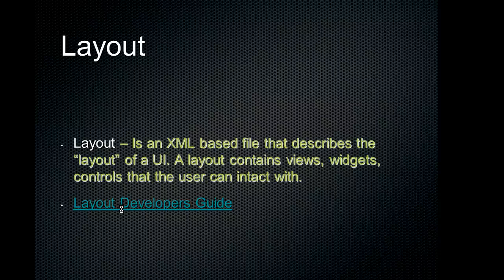And as long as you agree what the buttons are going to be called, what the text fields are going to be called, what the images are going to be called, then you can have two different people or two different groups of people work on this application and then glue it together at compile time. So activity is the programming code. Layout is the physical layout with the buttons and the text boxes and text entry fields and things like that.